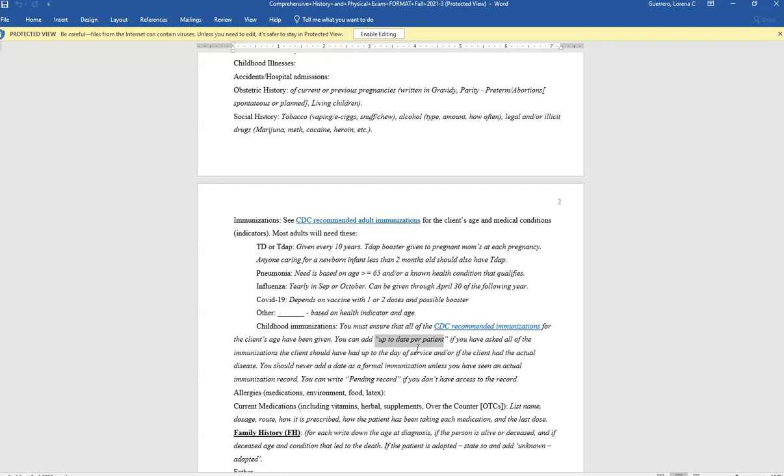You can just say per patient, believes that they're current, or like what I put here, pending record, because it's actually falsification of the document for you to take their word for it. You can't do that.